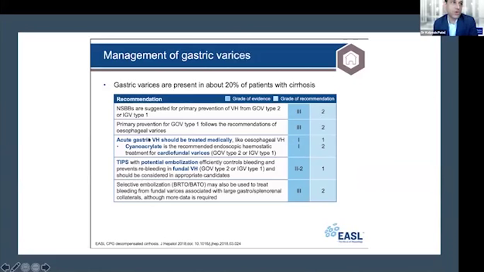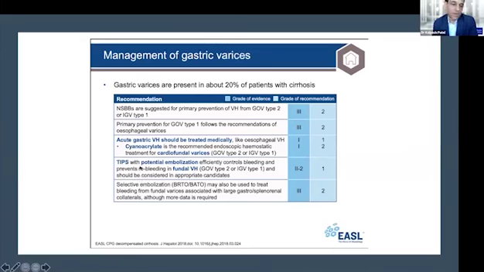In terms of acute variceal hemorrhage, again, it's the same initial principles, hemodynamic support, et cetera. And as you can see here, cyanoacrylate injection is recommended for control in cardiofundal varices. And this has been practiced for many, many years throughout the world.